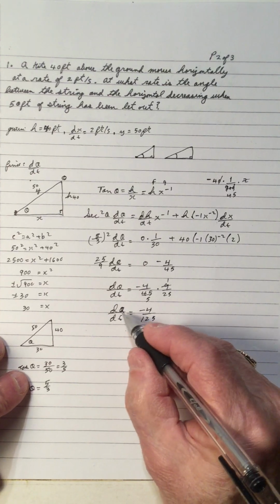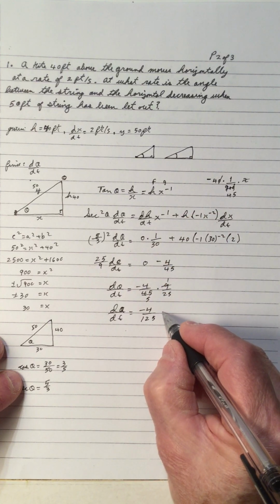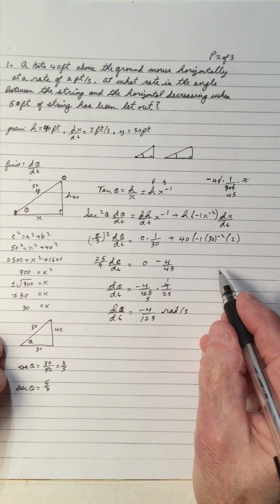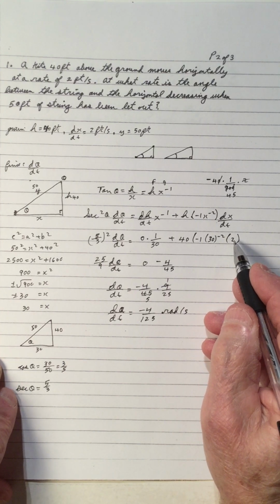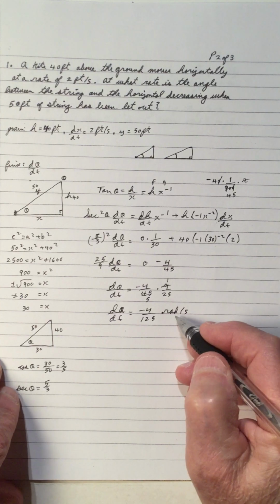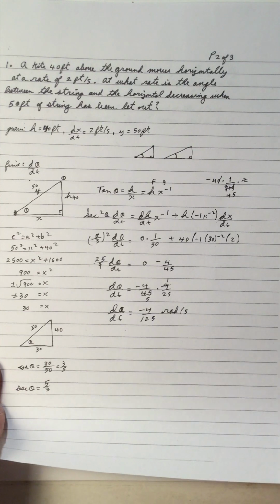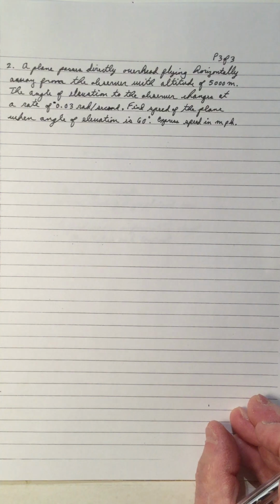And the angle changing is in terms of radians, per second. The time is in terms of seconds, so this is feet per second, so it's radians per second. So that's one problem in relation to the angle of elevation, the angle of depression changing.